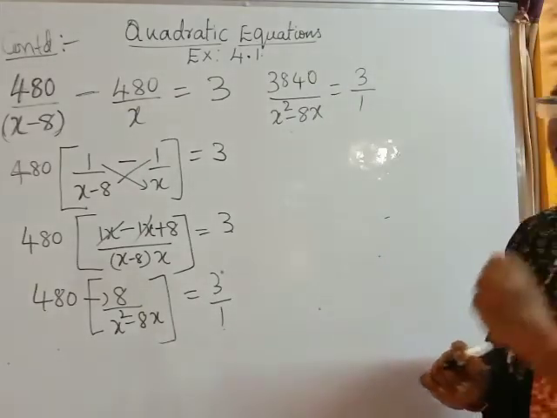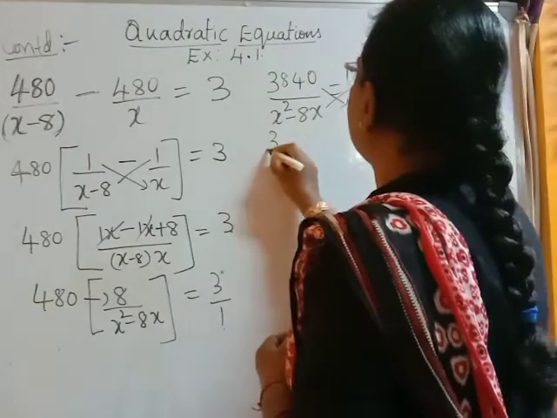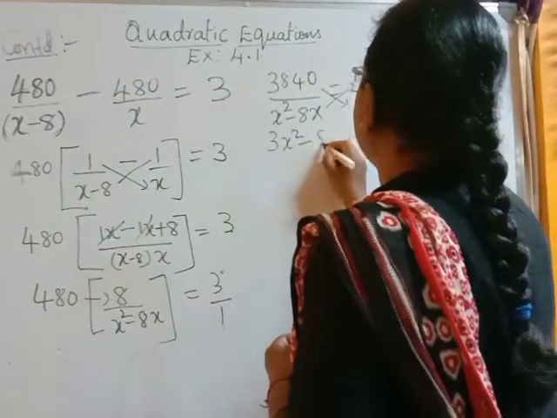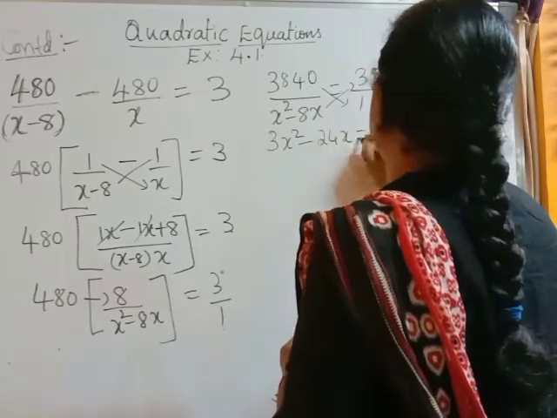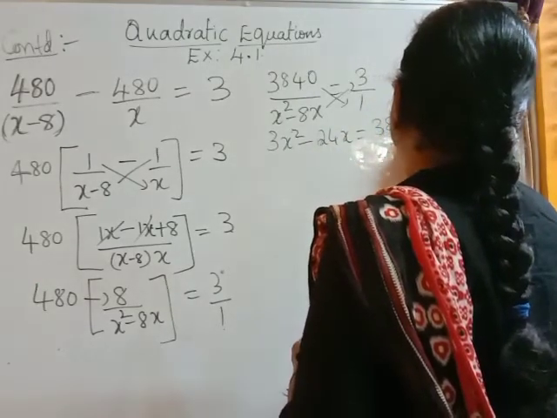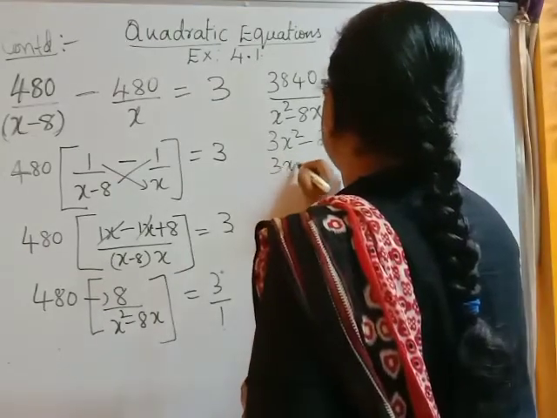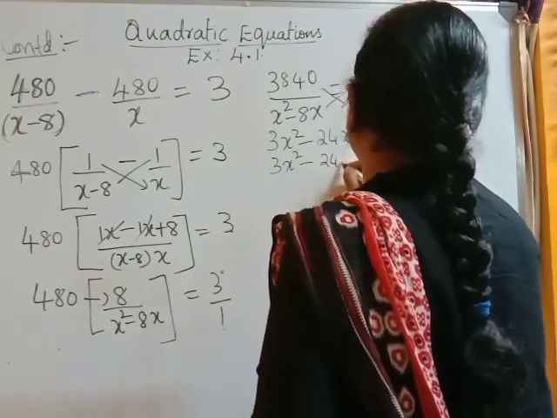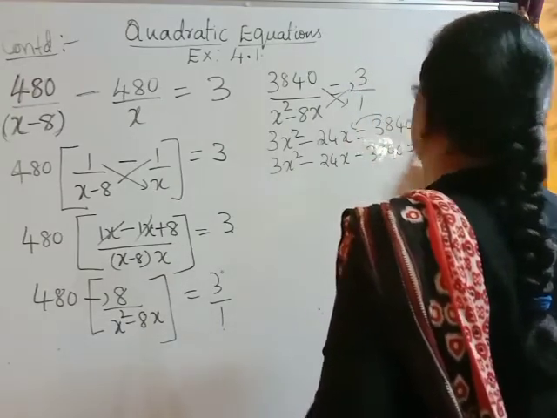Now cross multiply and you will get the quadratic equation. 3 into x square is 3x square, minus 3 eights are 24x, is equal to 3840. Now shift 3840 over: 3x square minus 24x minus 3840 is equal to 0.